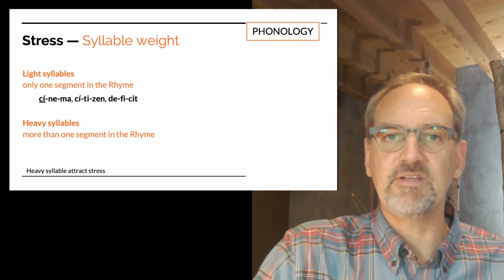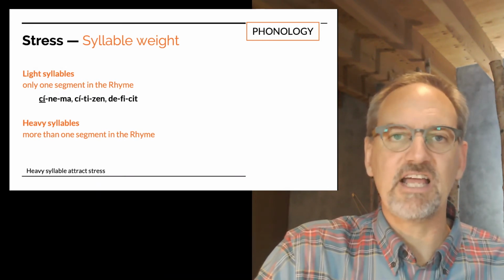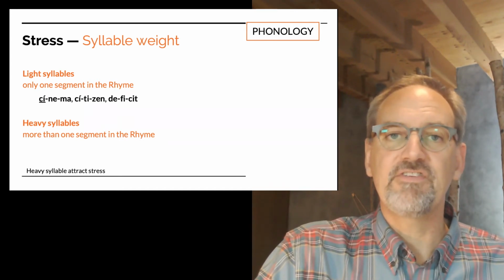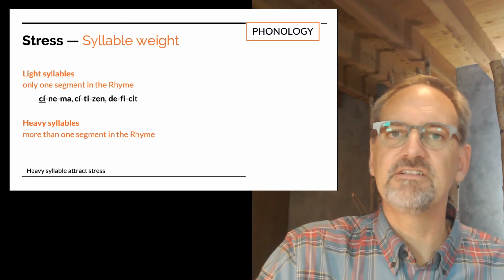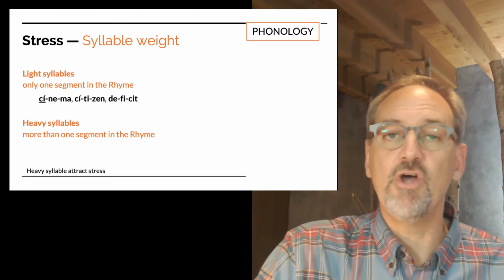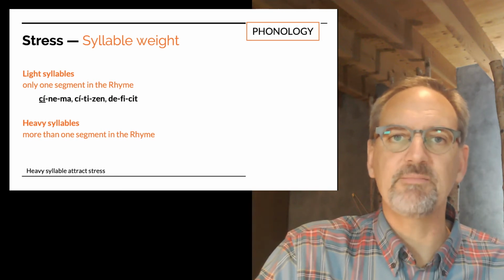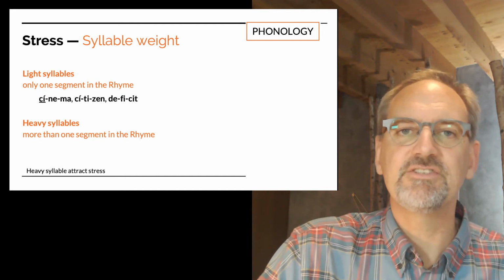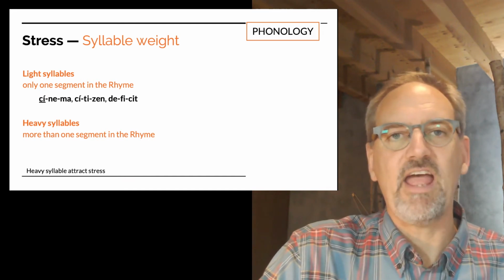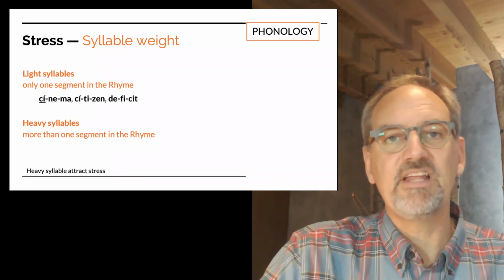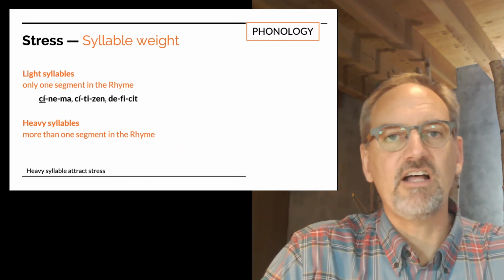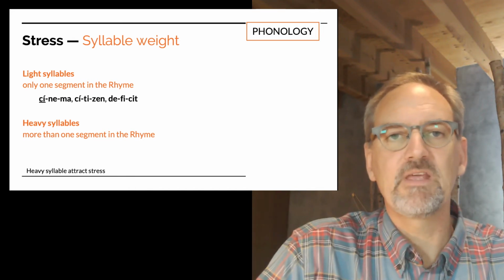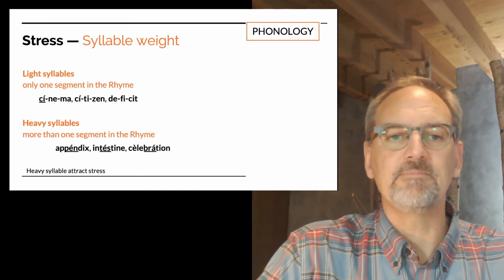So if there is a segment in the nucleus and another in the coda, that's two segments in the rhyme. If there are two segments in a branching nucleus and no coda, that's still two segments in the rhyme. It's the number of segments in the rhyme that determines whether a syllable is light or heavy. A branching onset doesn't influence the syllable weight. It's the number of segments in the rhyme.